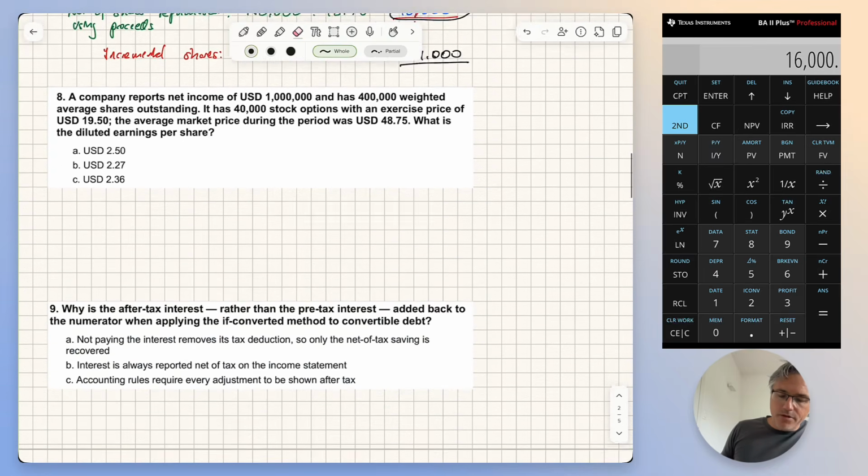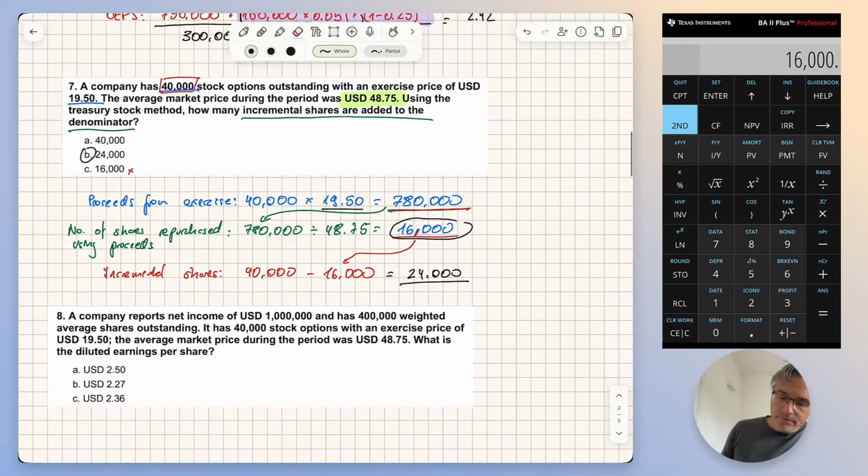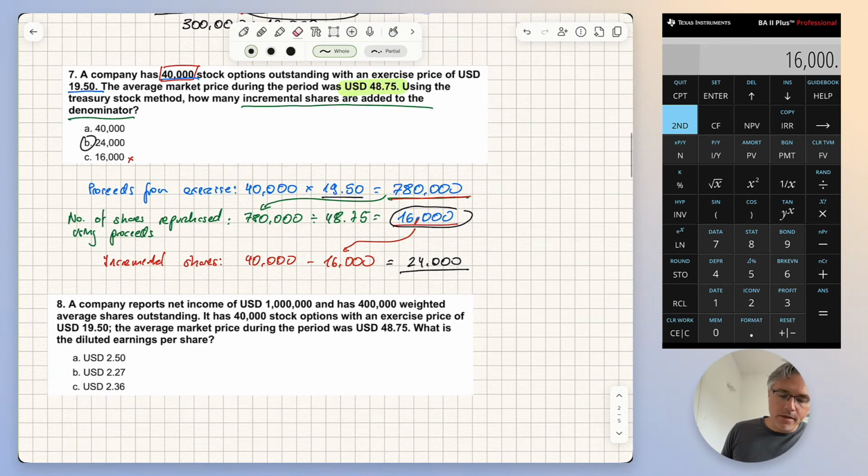Now, on to question 8, which, if you just glance at it and compare it to the previous one, uses pretty much the same numbers. It's actually the same in terms of the numbers used. And now the question is, what is the diluted earnings per share here? So we go one step further and compute the actual figure.